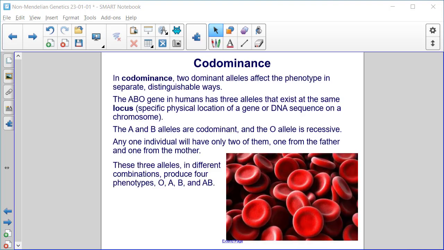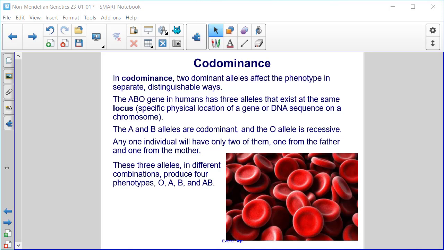In codominance, two dominant alleles affect the phenotype in separate, distinguishable ways. The ABO gene in humans has three alleles that exist at the same locus, or specific physical location of a gene or DNA sequence on a chromosome.